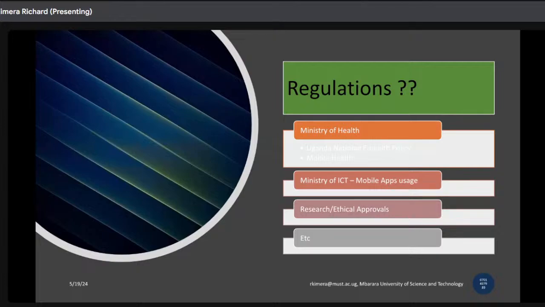International ones, like the GDPR, also affect us. Most times before you do research, especially if you're not from the medical domain, they usually ask you to do some courses in relation to ethics or data management. There are platforms for that, again, as you do your research. I want to share this.